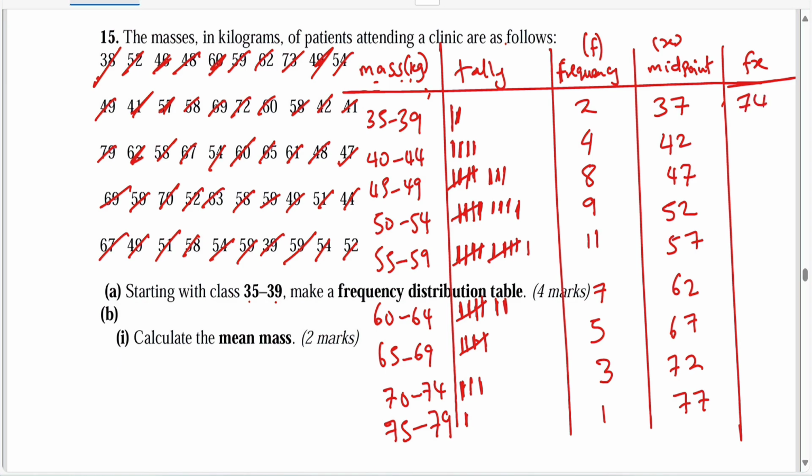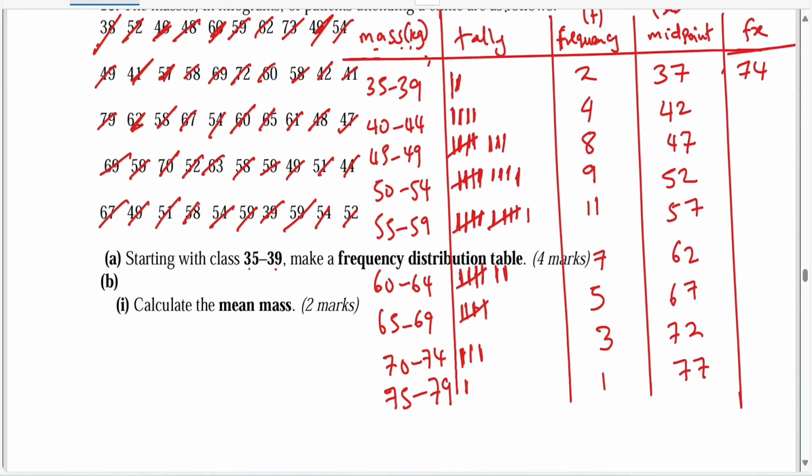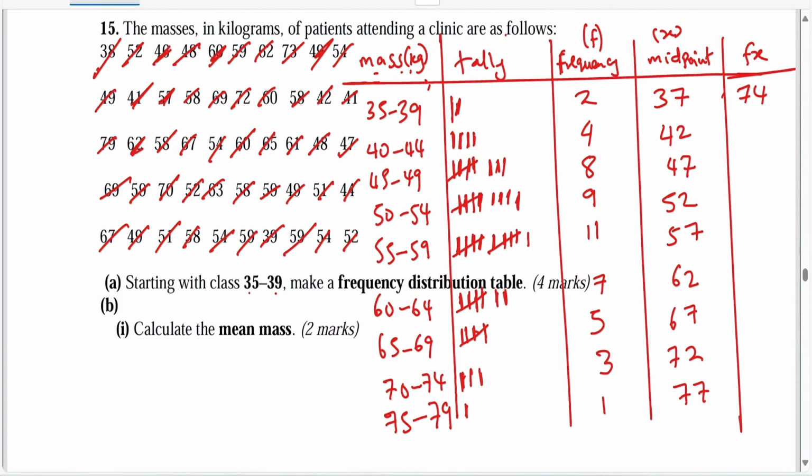Ukitaka waweza chora CF. But for me, I don't think cumulative frequencies are of most importance here, unless the questions ask you to find also your cumulative frequency. So there's no problem. I'll find a way for writing it.